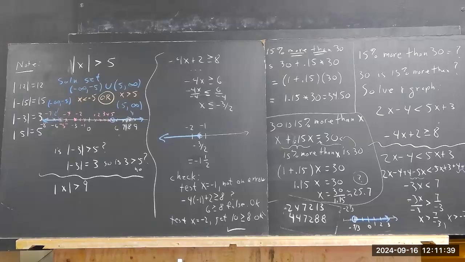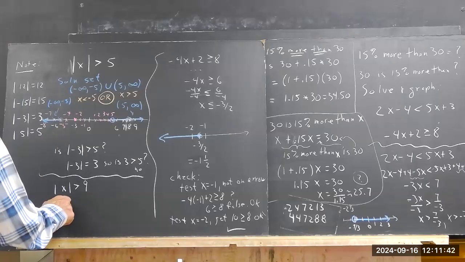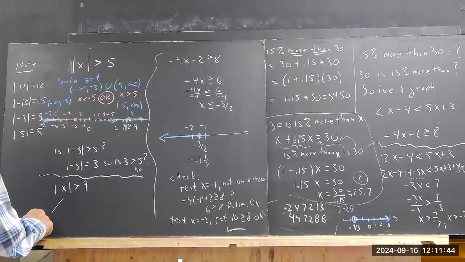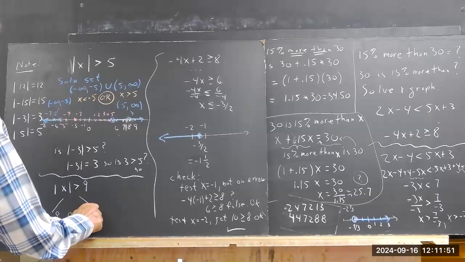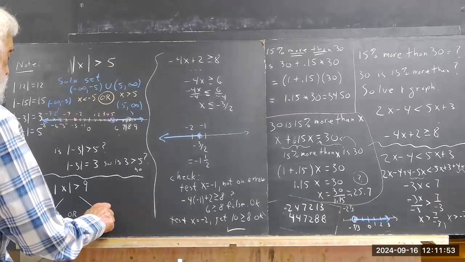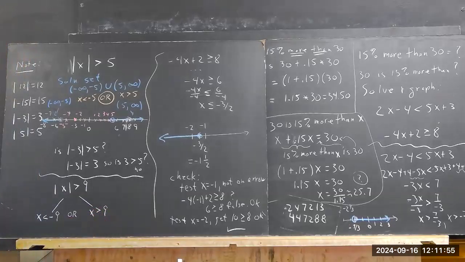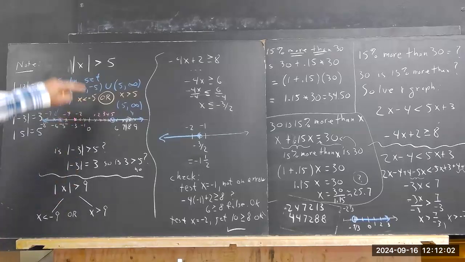Now we know what we've seen, that this says that x can be less than -9 or x greater than nine. All right. Understand that? Because the solution to this can be expressed as this set, it can be expressed as this picture, it can be expressed as this or.